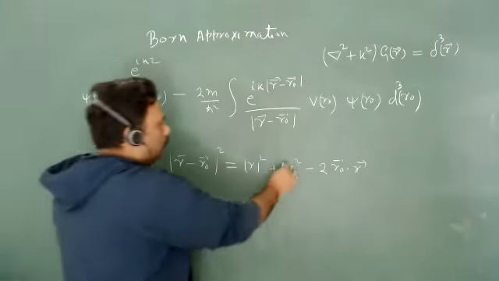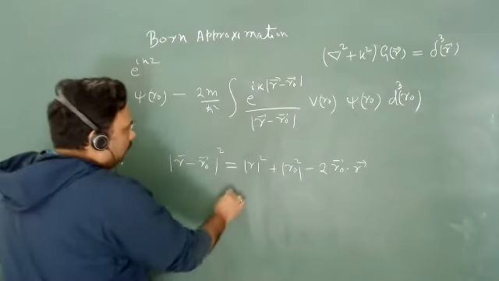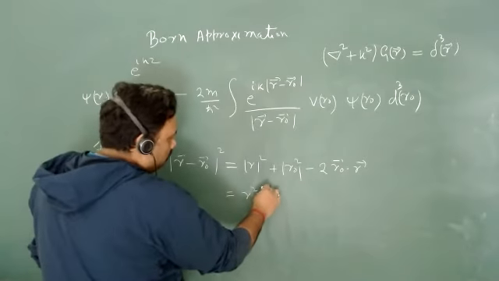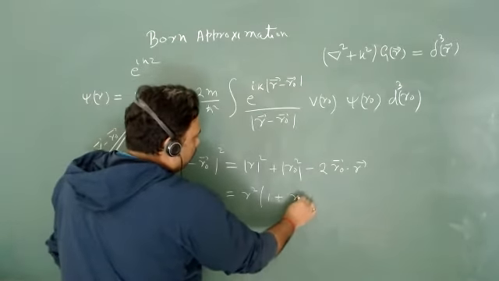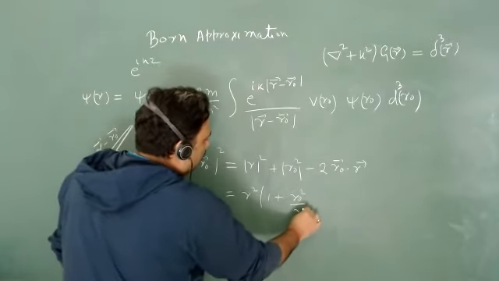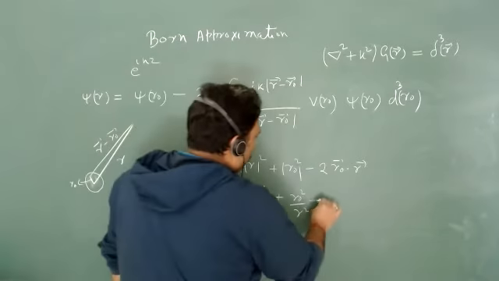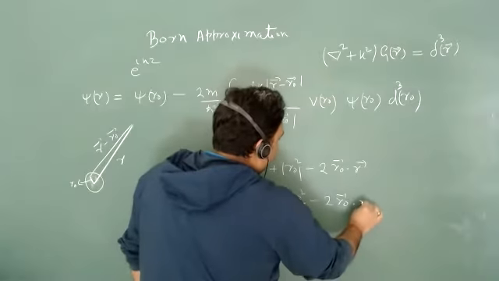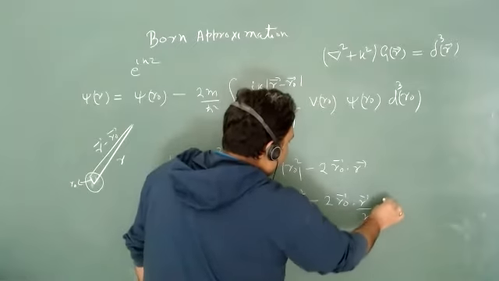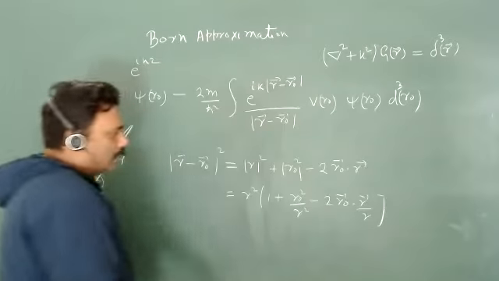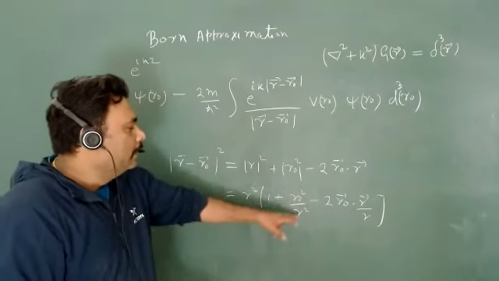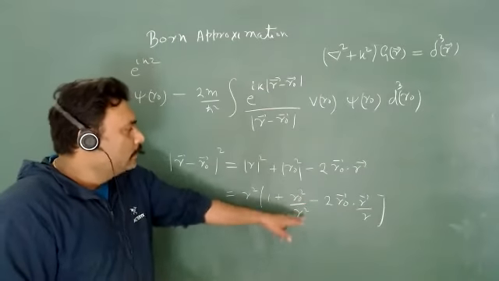And this is your r. What I can do, I can take r square out, and this is the magnitude. So this is 1 plus r naught square upon r square minus 2 r naught dot r by r square. And the approximation is that this value is very small.